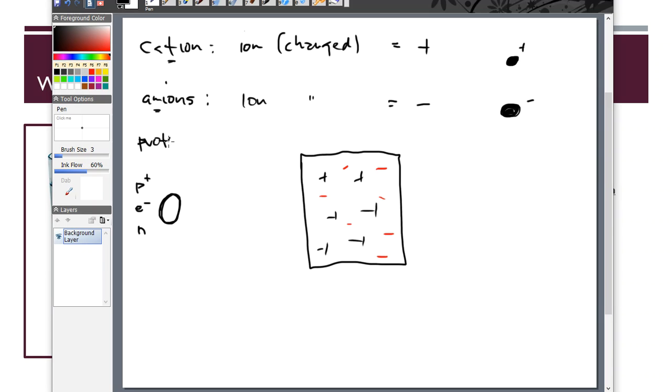All right, so we have protons and we have electrons and we have neutrons. And all of this information can be found from the periodic table. All right, so if I go back and take a look at something like calcium, here's calcium, it's Ca, and let me pull up a periodic table so that way you can take a look at it.